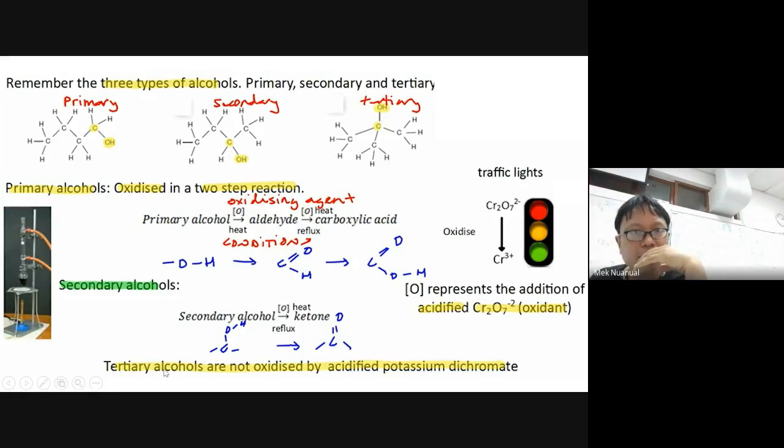The last one, your tertiary alcohol up here. This is not going to be oxidized at all by your potassium dichromate, okay? The reason for this is that this tertiary carbon, do you see this?